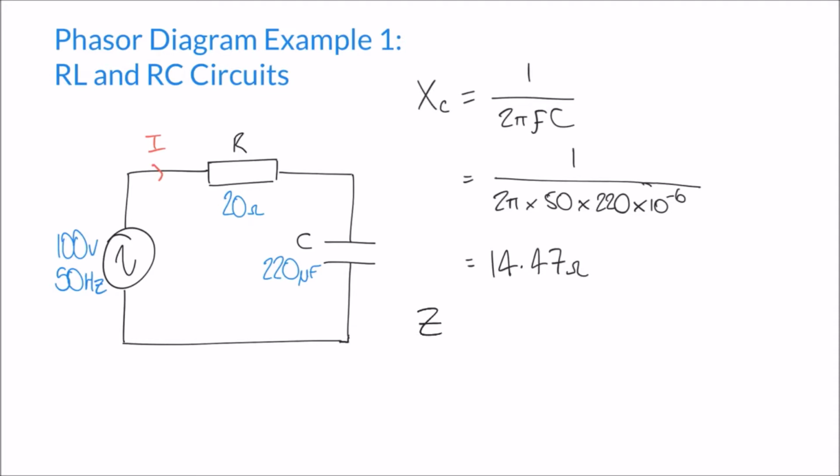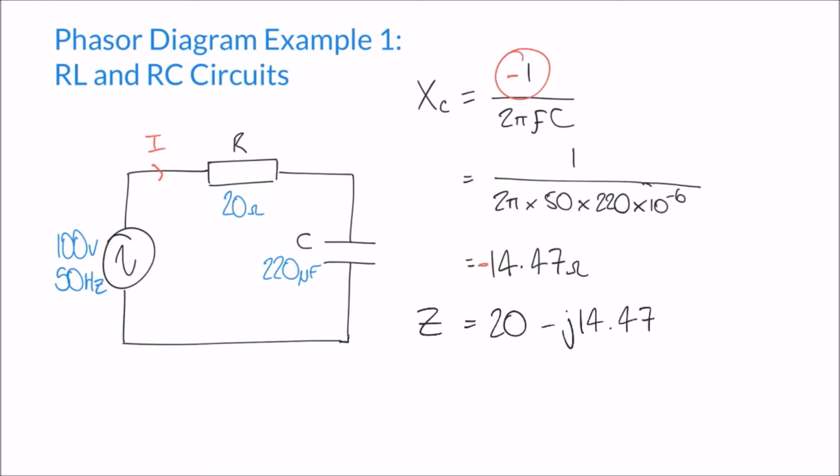So Z, just like before, is the complex number combining the real term resistance and the imaginary term reactance. The only thing we have to remember in our case with capacitance is that it's a minus j 14.47. Now that might have already been taken into account if you had a minus on the top of the fraction there.